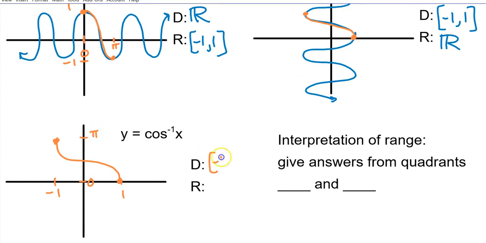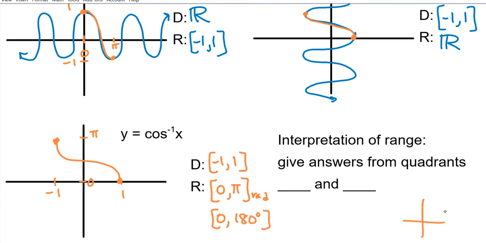So domain, negative 1 to 1, range, 0 to pi. That's in radians, degrees, 0 to 180. Okay, so what does this mean for us in terms of reference triangles? 0 to 90 is quadrant 1, 90 to 180 is quadrant 2. So, interpretation of range, when you're finding the outputs for your inverse cosine, always give answers from quadrants 1 and 2.